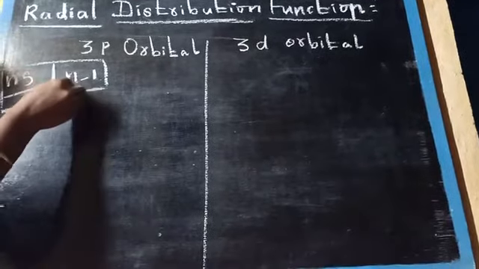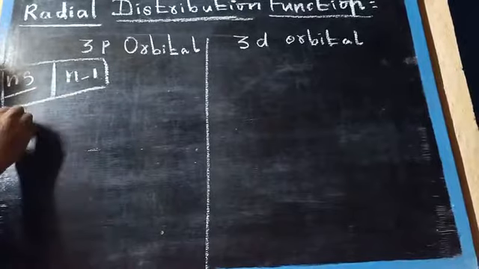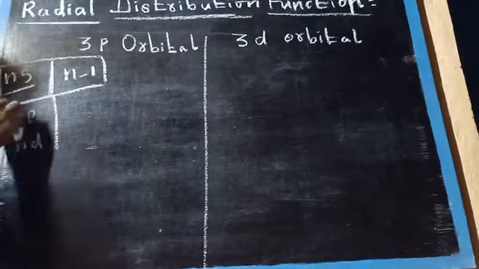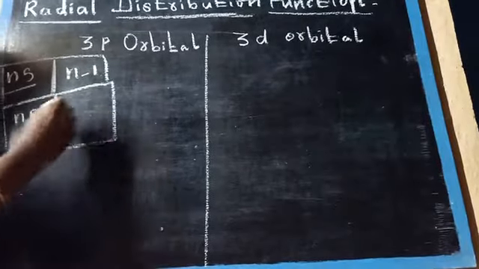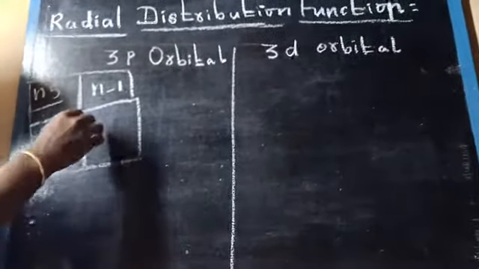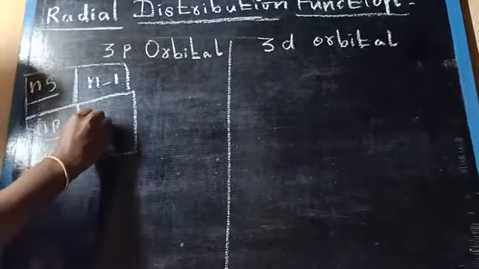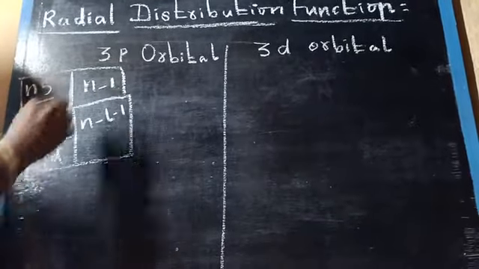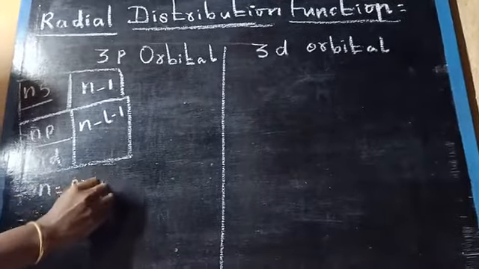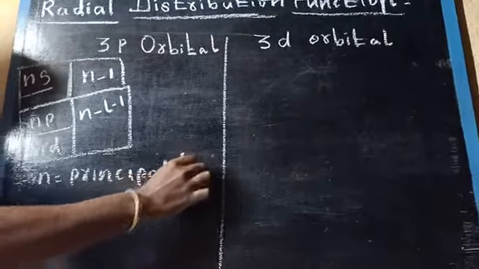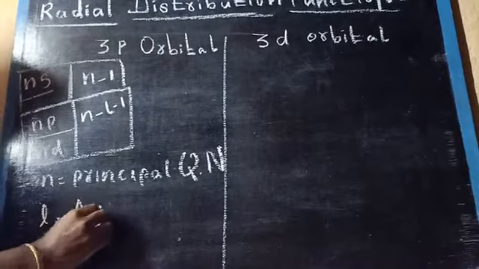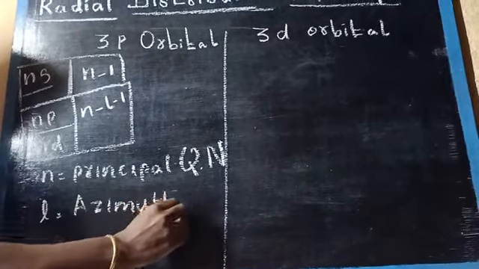For np as well as nd, the radial nodes calculation formula is n minus l minus 1. n is denoted as the principal quantum number, and l is the azimuthal quantum number.